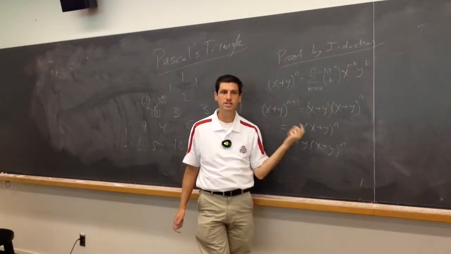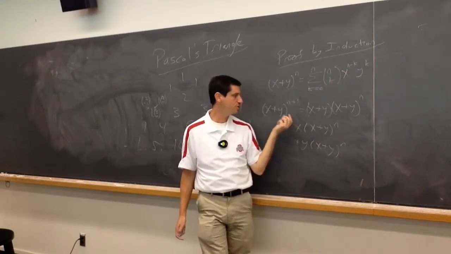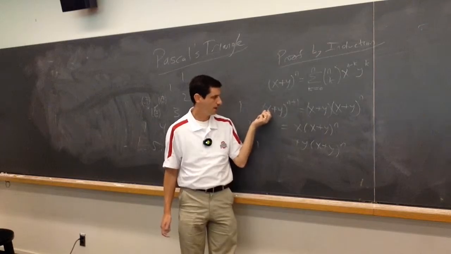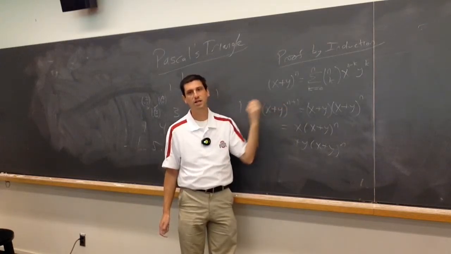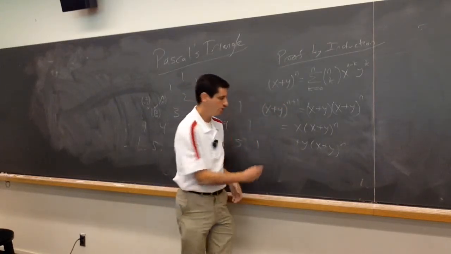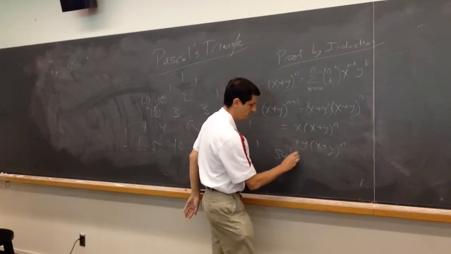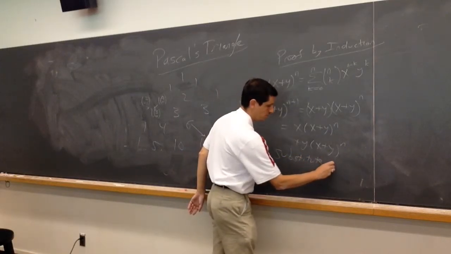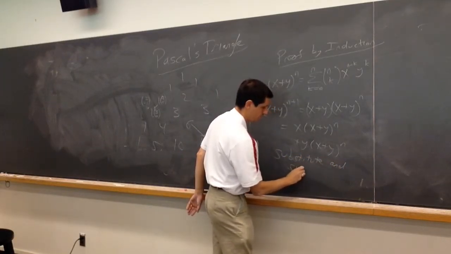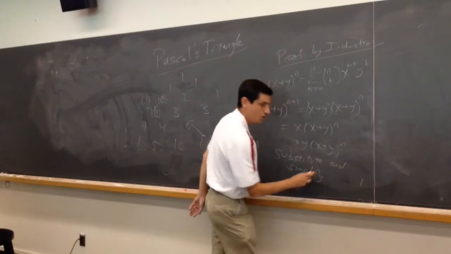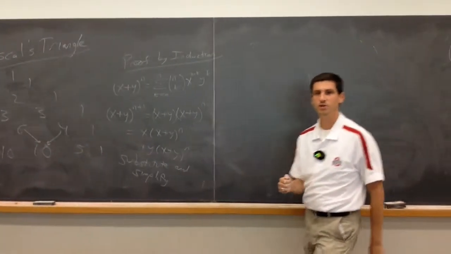And then we can look and see what would be the coefficient of the x^(n-k+1) term. So now substitute and simplify. At this point it's going to become a bunch of algebra.